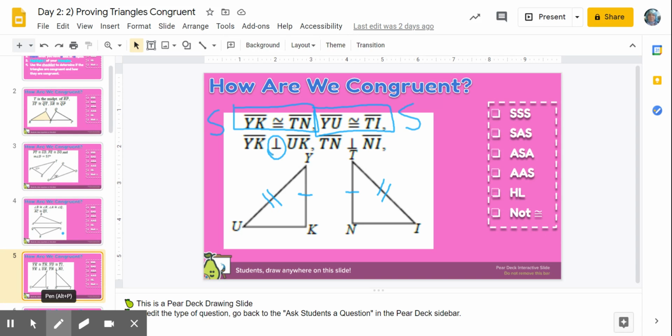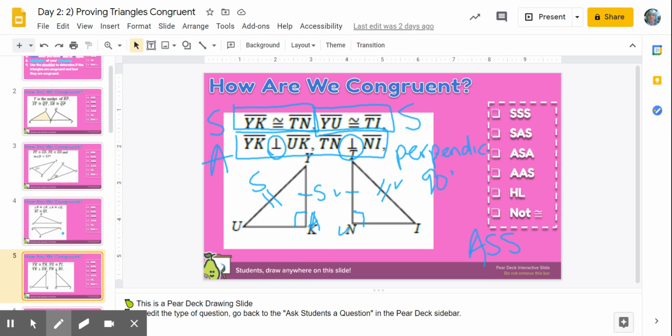What do these little upside down T's mean? Perpendicular. And what does perpendicular mean? 90 degrees? So I can put 90 degrees here. These are not sides. Those, my friends, are angles. So I've got an angle and a side and a side, and I've got an angle and a side and a side. Is that a thing?